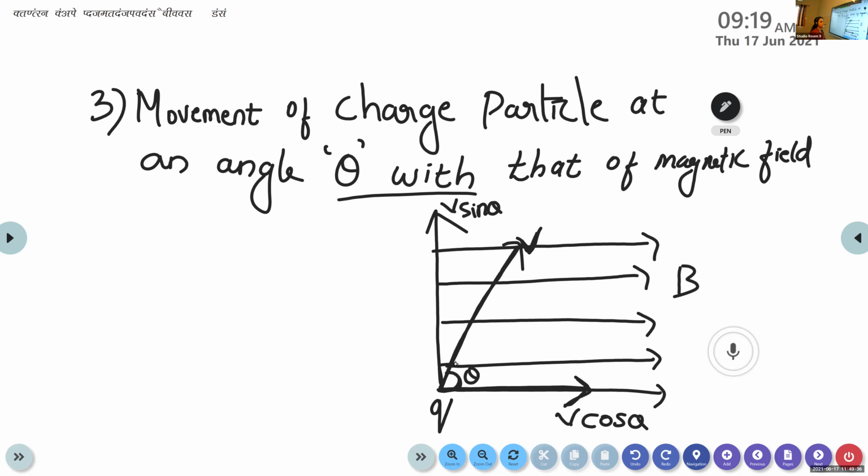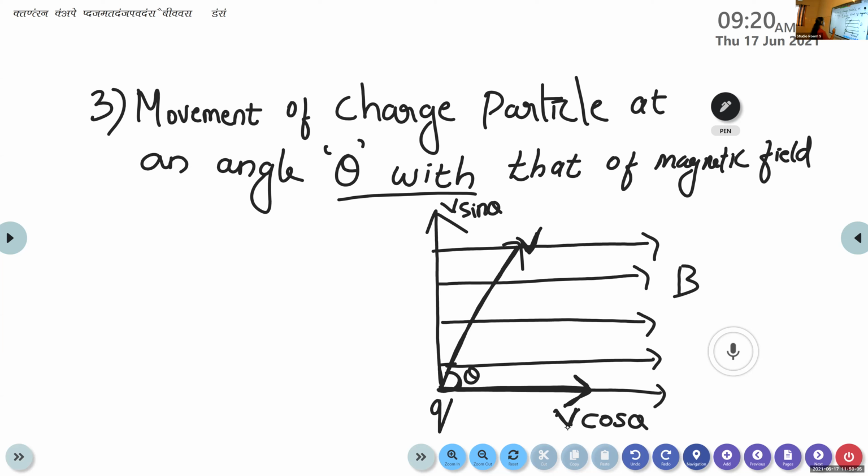Why? Because for the cos theta component, whenever the charged particle is entering parallel to a magnetic field, the angle between the velocity component v and the magnetic field becomes 0. And here we know that the movement of the charged particle is possible due to the presence of the perpendicular component, that is sin theta.